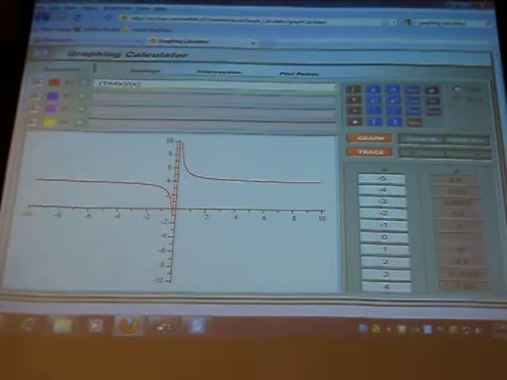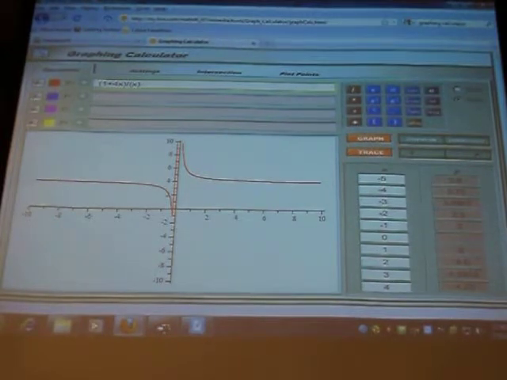You got a new graph. I know, you want to start higher. Hit graph again. You have to start changing your table.